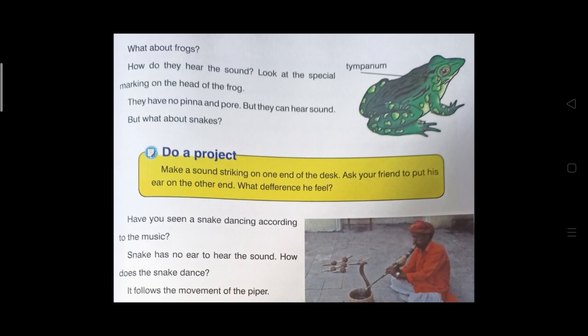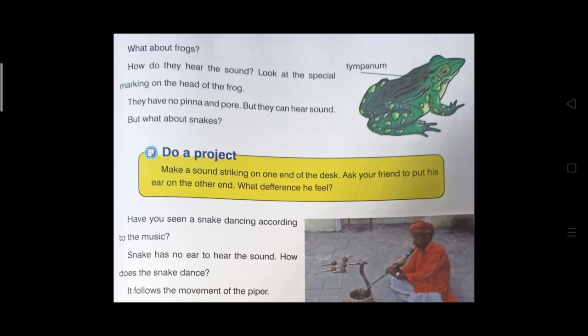Then how can a snake understand if any animal is coming near to it? Because the snake is a reptile, you know that it is always moving on the land. When we are walking and stamping, the movement we give on the land will travel.